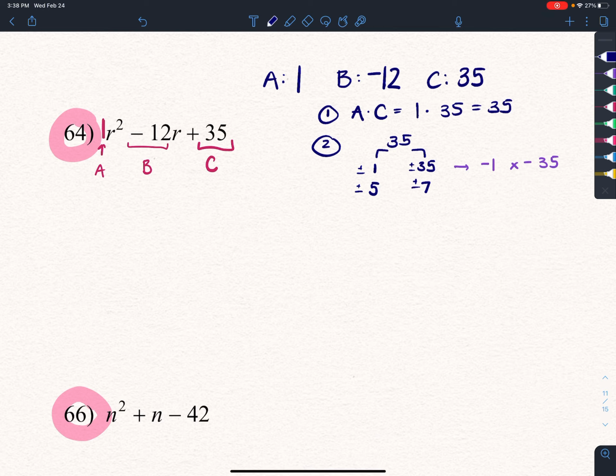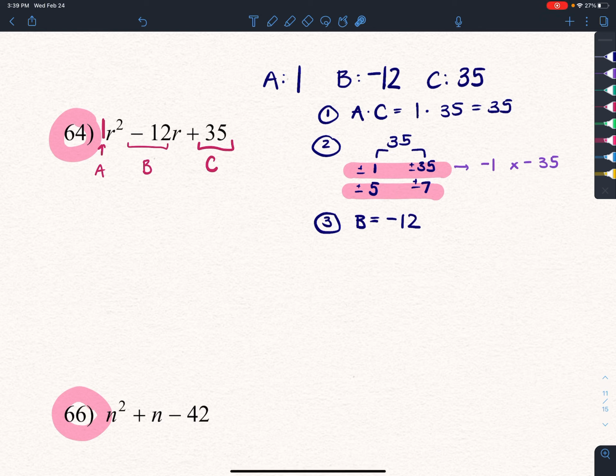And now we're going to look at step 3. So we have our B, right? Our B is negative 12. Now we want to add up 2 of these pairs and have it give us negative 12. And the 2 that we pick, when we multiply them, have to give us positive 35.